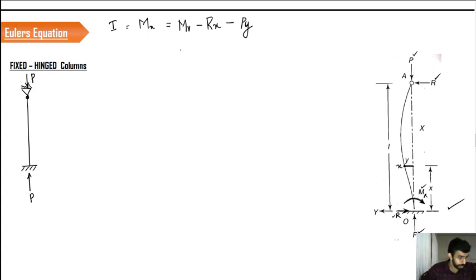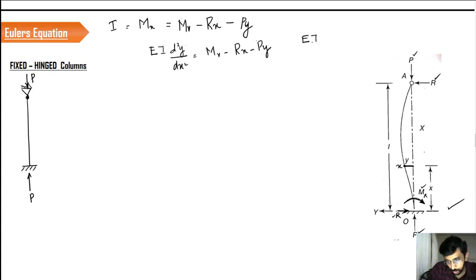Now if we equate this equation with EI into d square y by dx square, this is going to be MR minus R x minus P into y. Now we will shift this P to the left hand side.